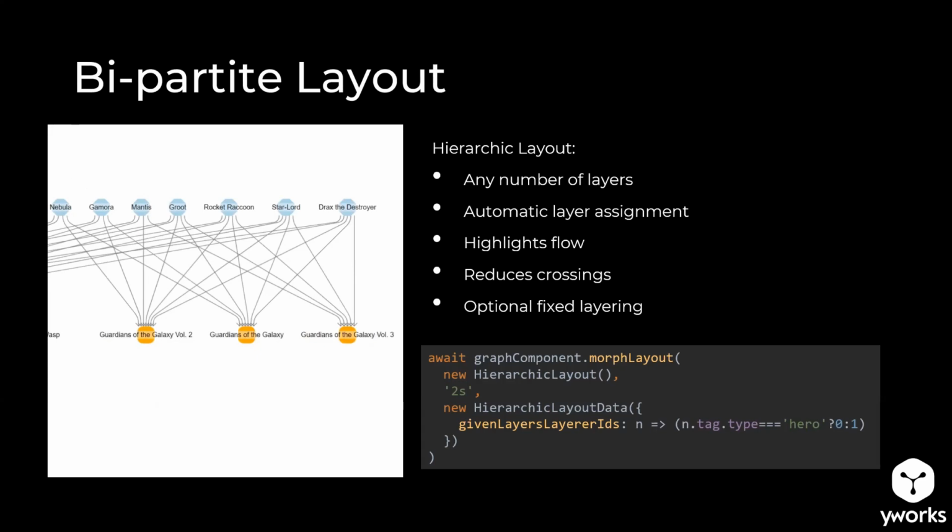In the code, in this case, we explicitly told the algorithm to put nodes which were tagged with the type hero into layer 0, which is the top layer, and the other ones into the second layer. But given the graph structure that we have, this would not really have been necessary, in fact.